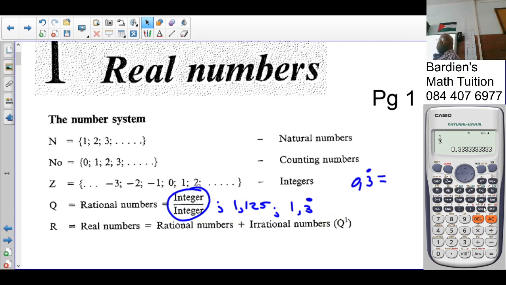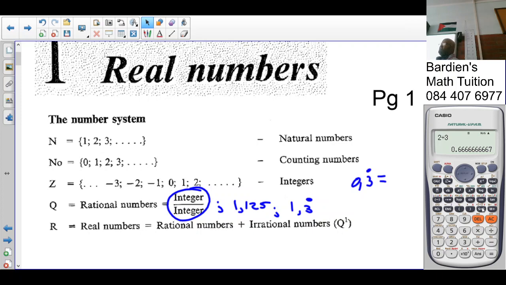So that's 0.3 recurring. What if it was 2/3, which is 0.6 recurring? Because this calculator doesn't carry on forever, it terminates. So the number is rounded off here. That is why the last number is a 7 on the calculator.